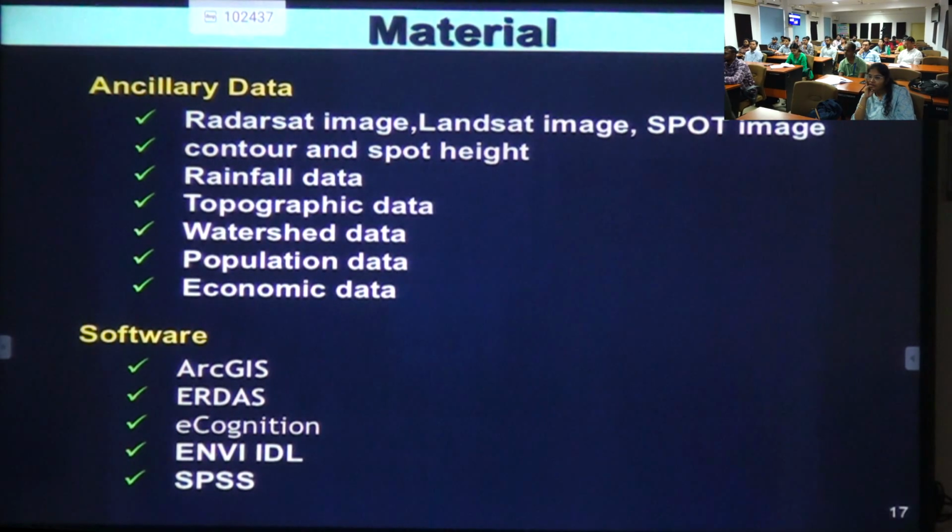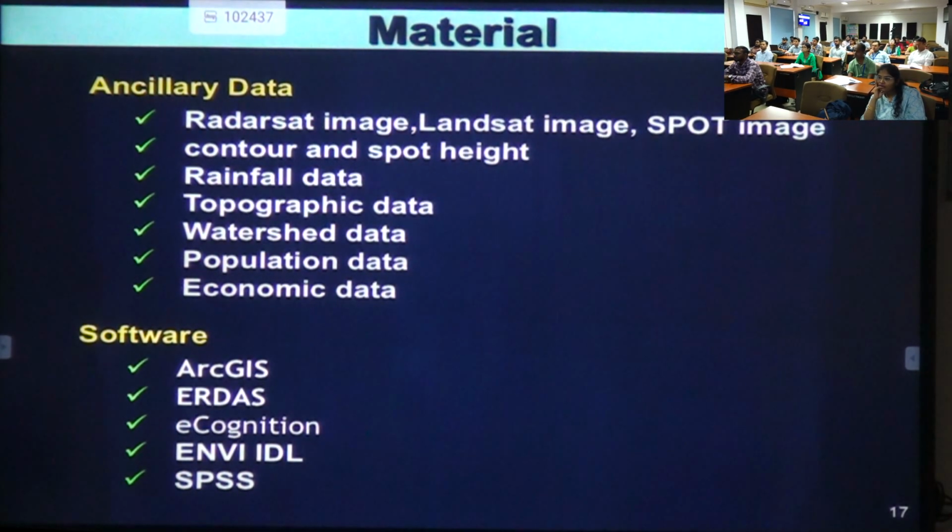Remember I mentioned that, I think Professor Pasupuleti has also taught you, right? Active and passive remote sensing. Passive remote sensing is optical, so that is out. Okay? Therefore in this case, we wanted to engage radar images, which is active, microwave remote sensing.